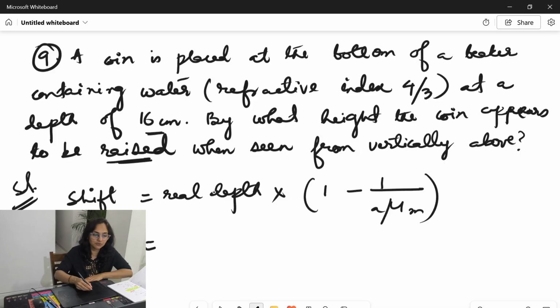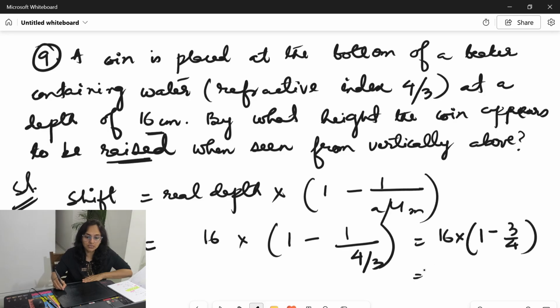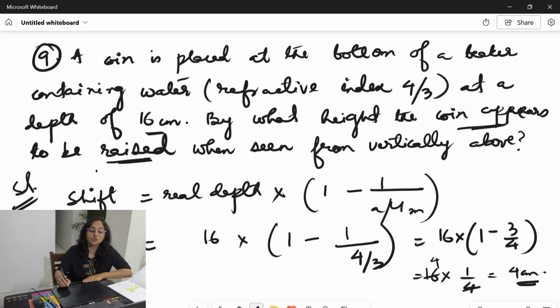Look at real depth. The depth was given 16 centimeter, so 16 into 1 minus 1 upon, and refractive index was given 4/3, which will become 16 into 1 minus 3/4, which means 16 into 1/4, which will come as 4 centimeter. That means the coin will appear to be raised by 4 centimeter.